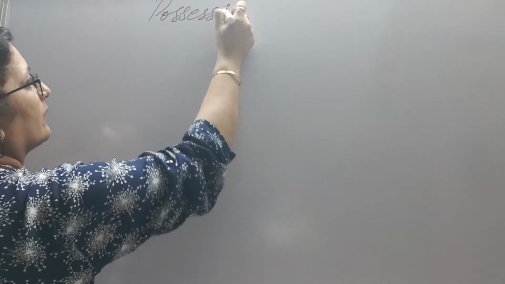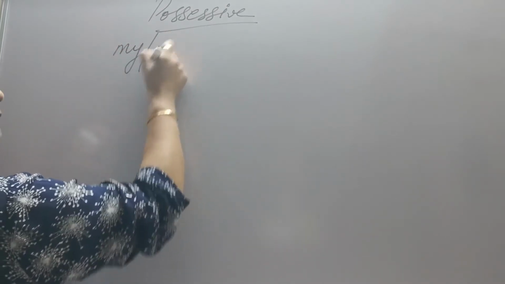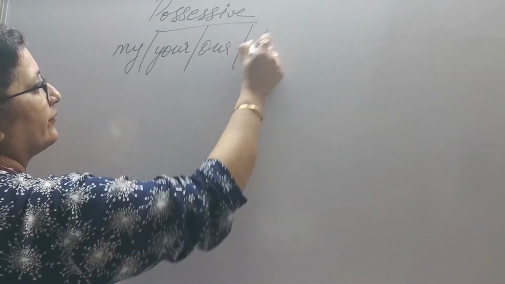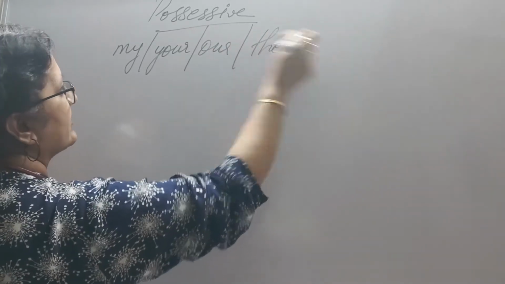The next thing that we are going to pick up are quantifiers. Or before that, let us pick up possessives. For possessives, if you remember, they show possession: my, your, our, their, etc. There are plenty of those which show us the possession of the noun.